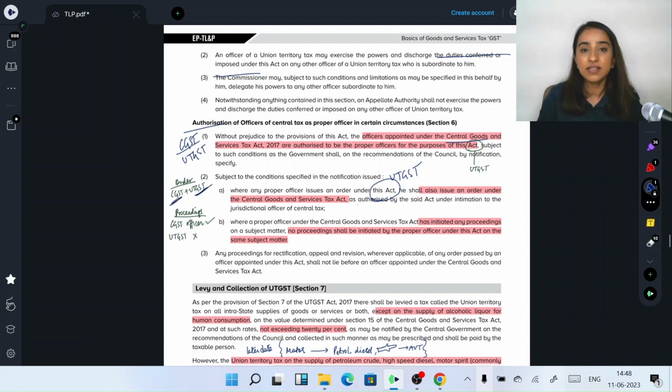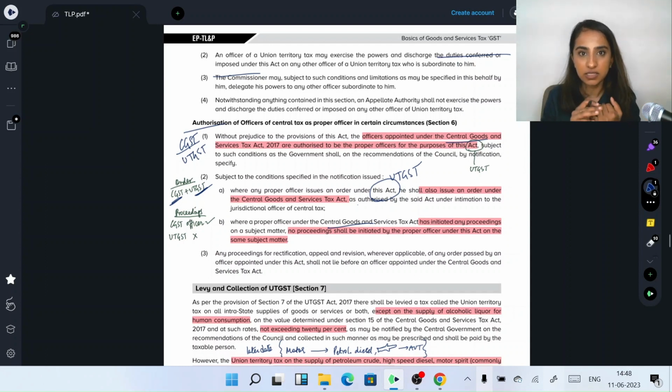Now, if there's any proceeding, what is a proceeding? Anything that the officer is asking for, to give any information or to submit or to pay taxes or to file returns, whatever it is. So that proceeding, if any CGST officer has initiated any proceeding, then that same proceeding the UTGST officer also cannot initiate. In the sense, two different officers cannot initiate the same proceedings on the same topic.